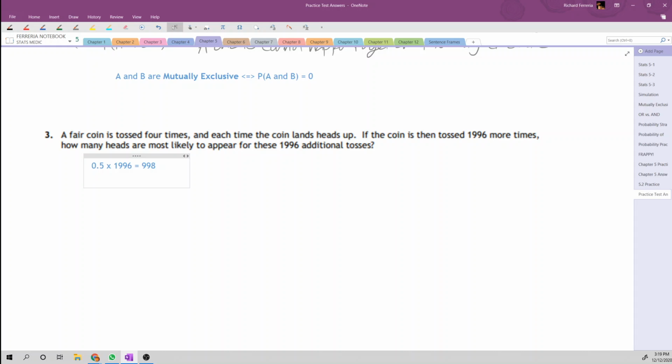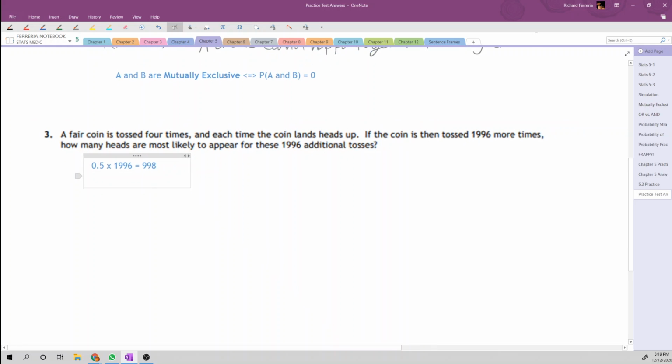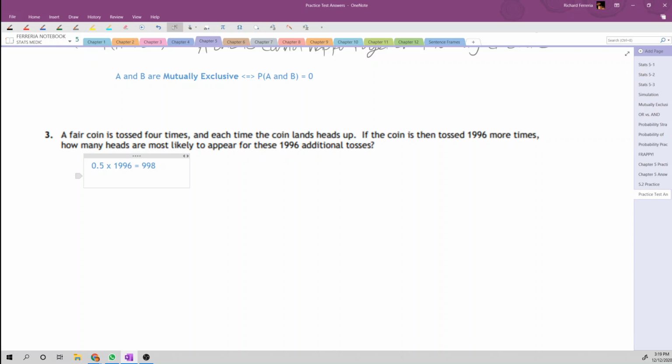Those first 4 times that the coin is tossed do not make a difference for the remainder of the tosses. In other words, the coin doesn't owe you anything. Just because it came up heads 4 times, that's not going to affect any future outcomes.